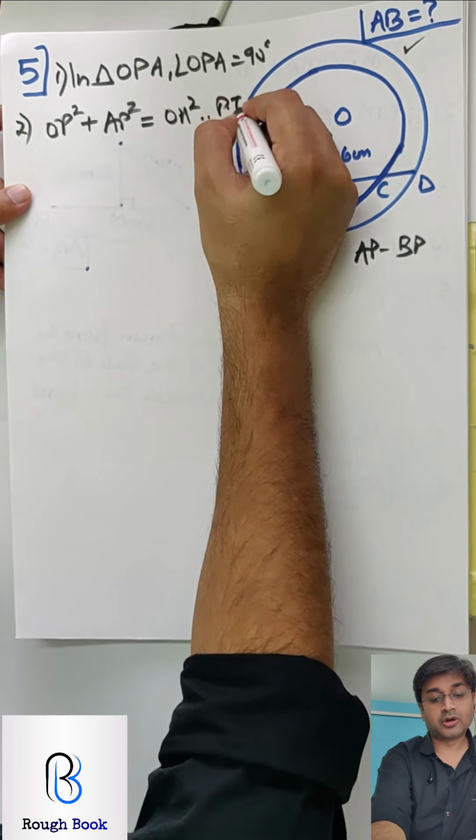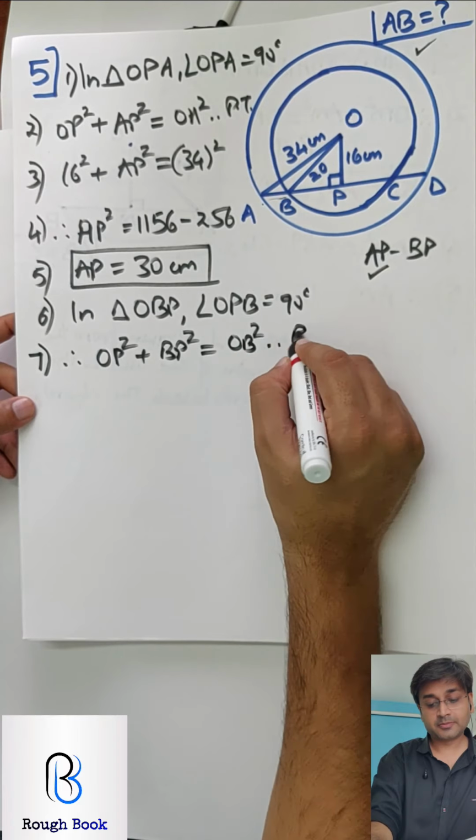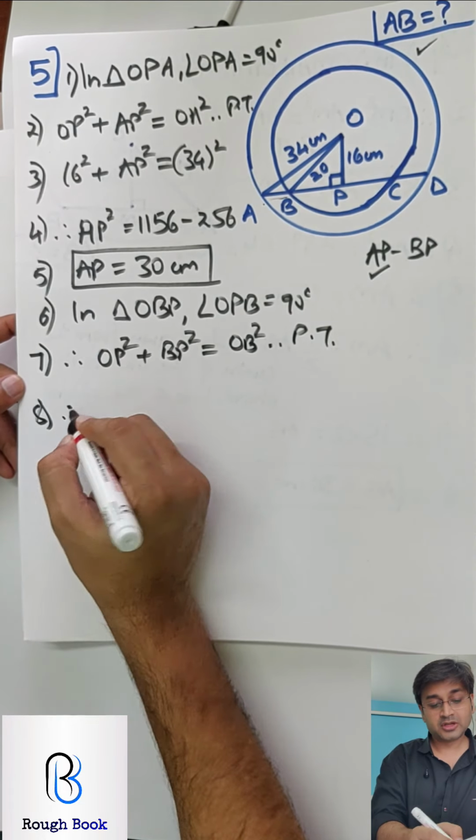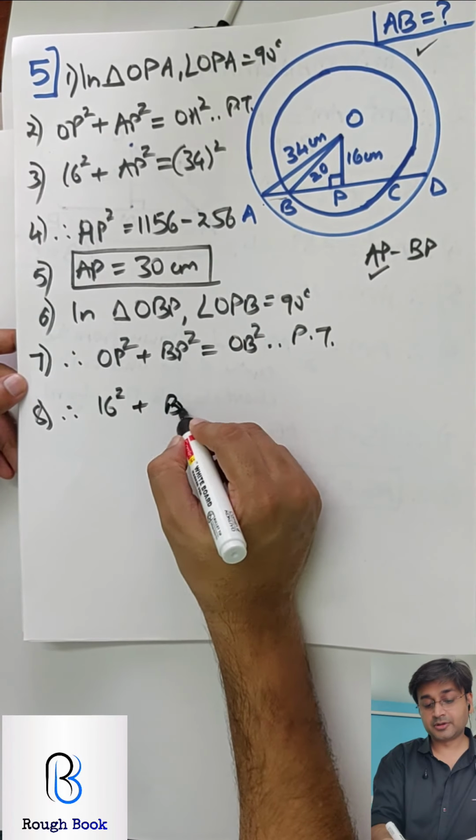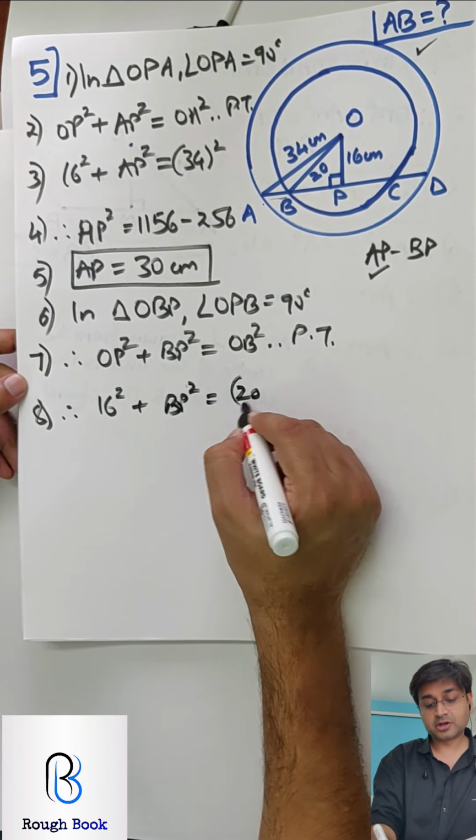Come on, at least pause now and try on your own. So in triangle OPB, angle OPB is again 90 degrees. So we are applying Pythagoras for the second time. OP square plus BP square equals OB square. Pythagoras theorem. OP is 16, BP is still unknown and this is 20.